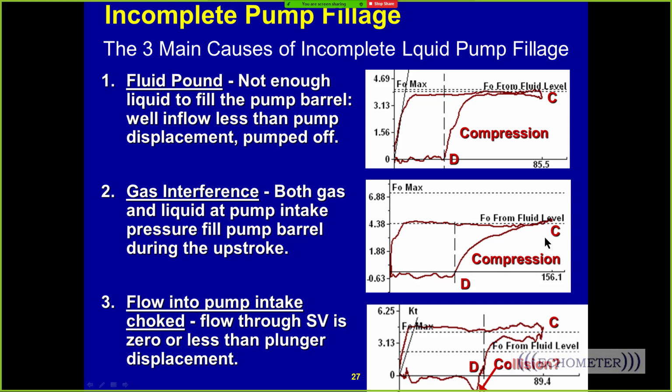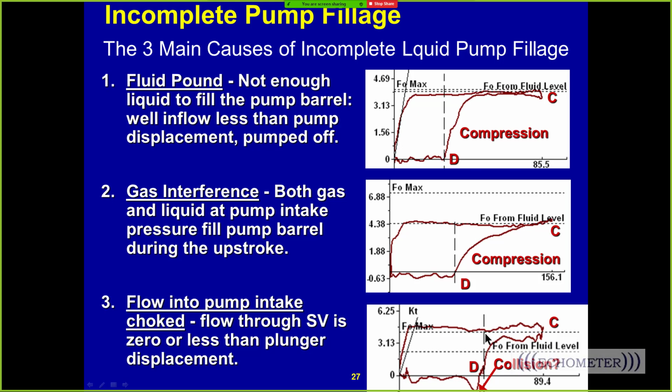Now, a blocked intake or a choked intake pump card looks a lot like a fluid pound card, because inside the tubing, the pump appears to have very little or no inflow. And so the pump loads on the upstroke are near FO max, and the load line on the downstroke is near FO max, just like a fluid pound card, because the pressure inside the pump chamber is low.